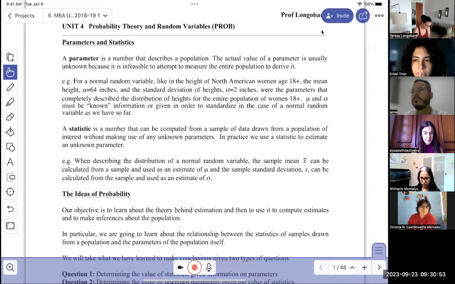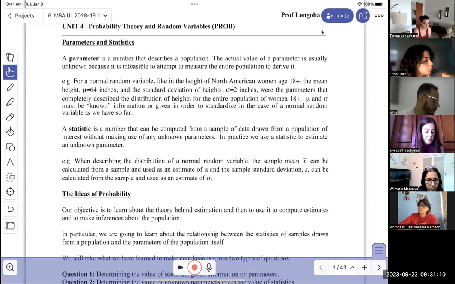Okay, so we need probability theory to develop sampling theory that then leads to inferential statistics, because what we've done so far is talked about descriptive statistics.